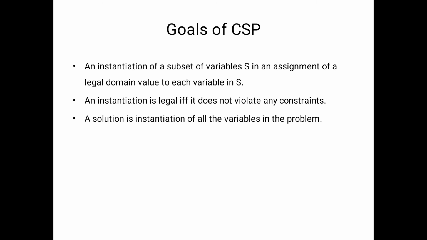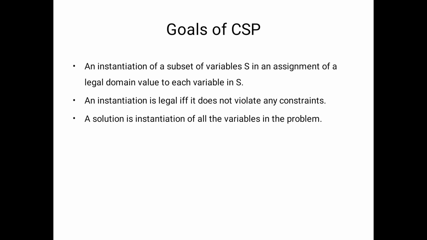We indicate a legal value to each variable name. Suppose in any programming language we declare int I is equal to 10. Here int is the data type, I is the variable name, and we assign a value related to the integer data type only. That satisfies the constraint.